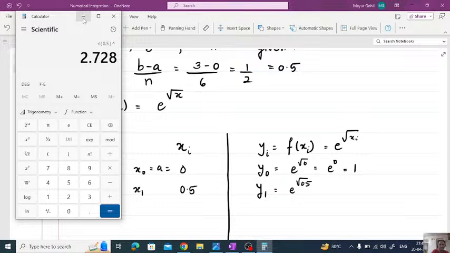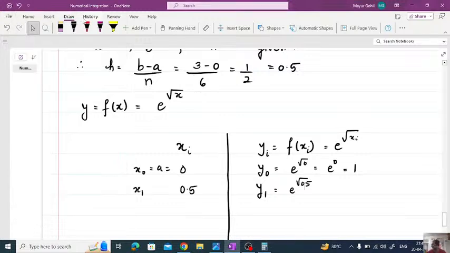Wait a minute. I have another scientific calculator. Let me check. Yeah, so the answer is 2.0281. That is the answer. Let it be. We will see it afterwards.